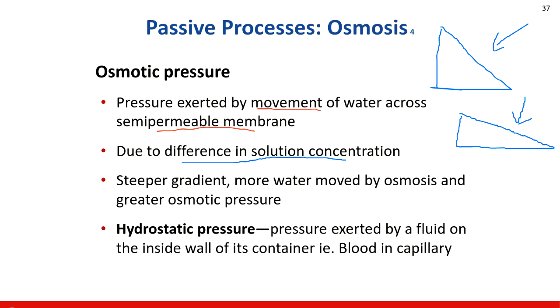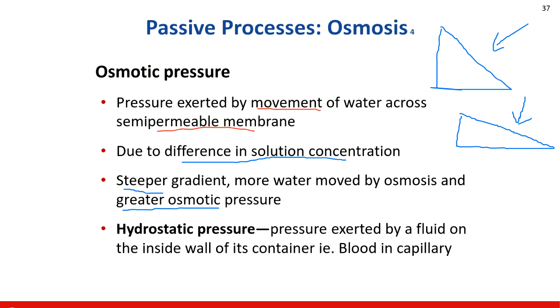If we have a steeper gradient, like that example I was saying, 99 molecules on one side and 1 molecule on the other, versus 55 molecules of water on one side and 45 molecules on the other, the steeper that gradient, the bigger the difference, okay? The more water is going to move because we generate a greater osmotic pressure.